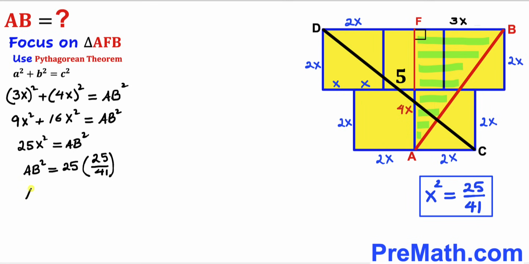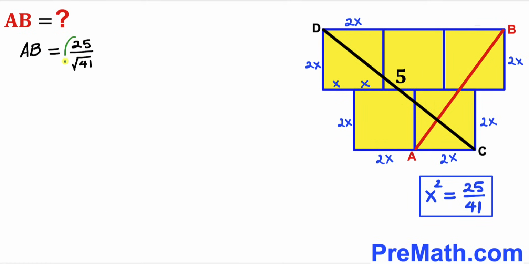In other words, AB whole square is going to be 625 divided by 41. And now I'm going to undo this square by taking a square root on both sides. And here we can see this square and square root cancel each other. So therefore our AB length turns out to be 25 divided by square root of 41.